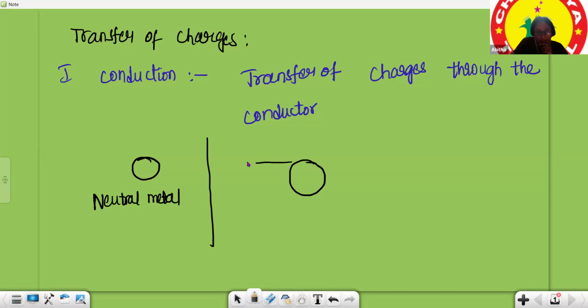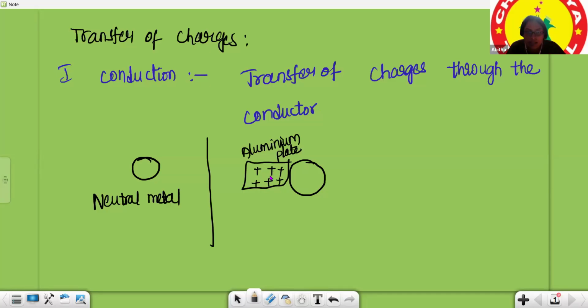I am taking a plate of aluminum, which has charges on it. Whenever this aluminum plate comes in contact with this neutral metal, the charge transfer takes place.